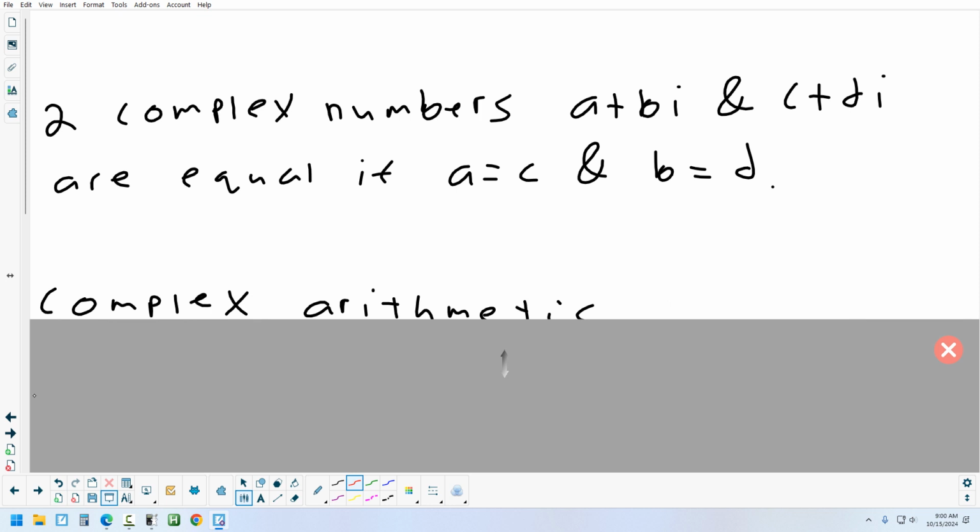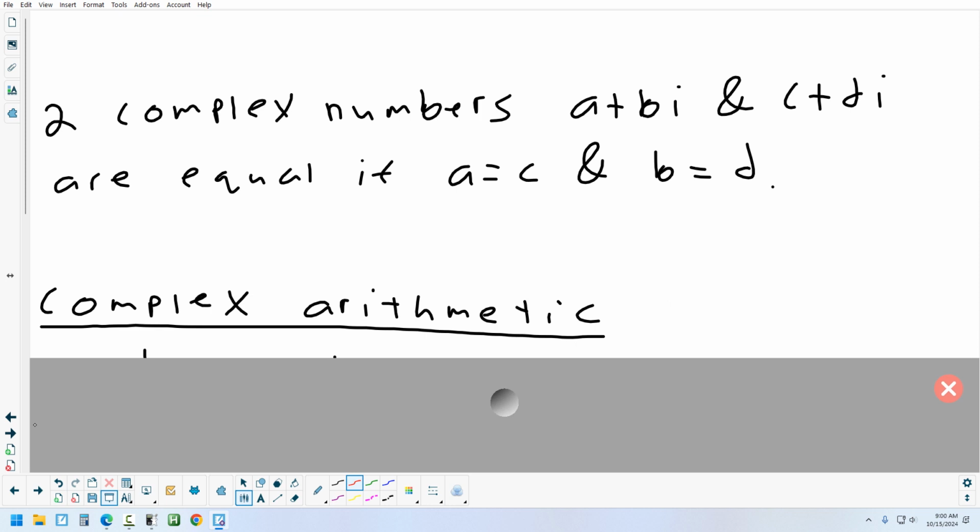So for two complex numbers to be equal to each other, the real part of one has to match the real part of the other, and the imaginary parts also have to match. So if you had the complex number 3 plus 2i, the only other complex number that it is equal to would be what?